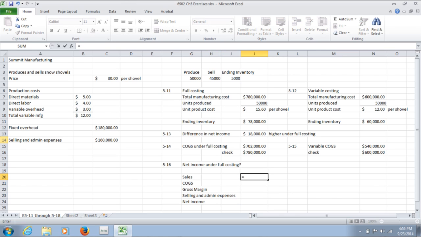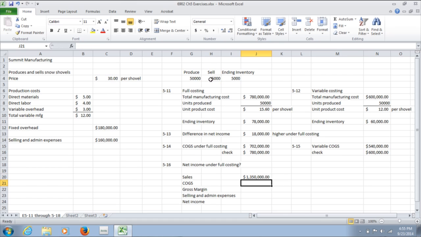So our sales, we have $30 per shovel. Multiply that by the number of shovels, 45,000, 1.35 million. Cost of goods sold, we saw above here, 702,000. So then the difference will be 648,000. That's our gross margin.